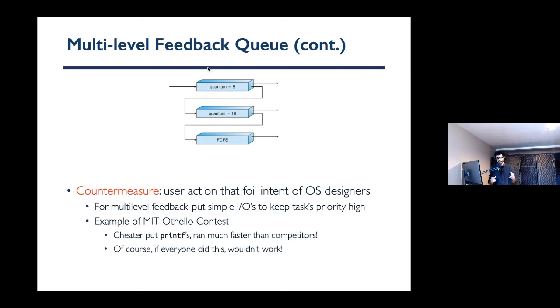What that printf was doing was basically a short I/O and then coming back to the high priority queue. So they would prevent their task from going from this high priority to lower priority queues. Their task always remained on this high priority queue, so it got all the time. It was making more informed decisions, and it was basically winning the games. So that's kind of cute.